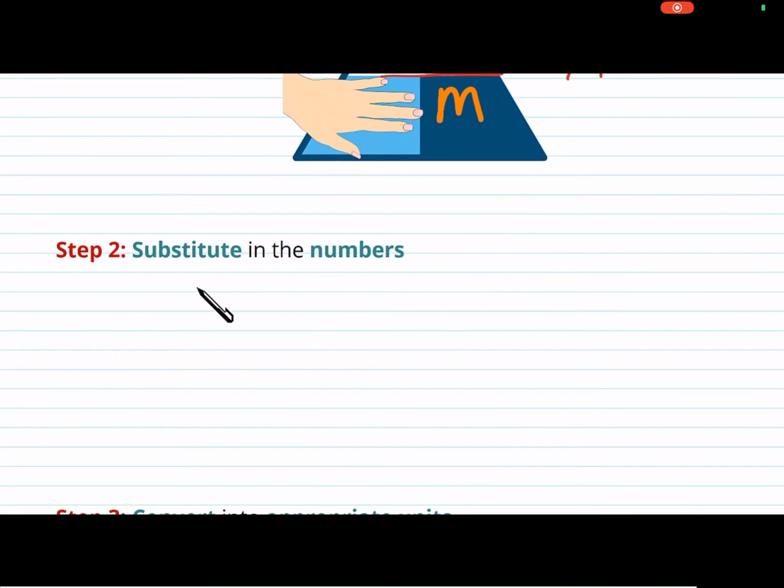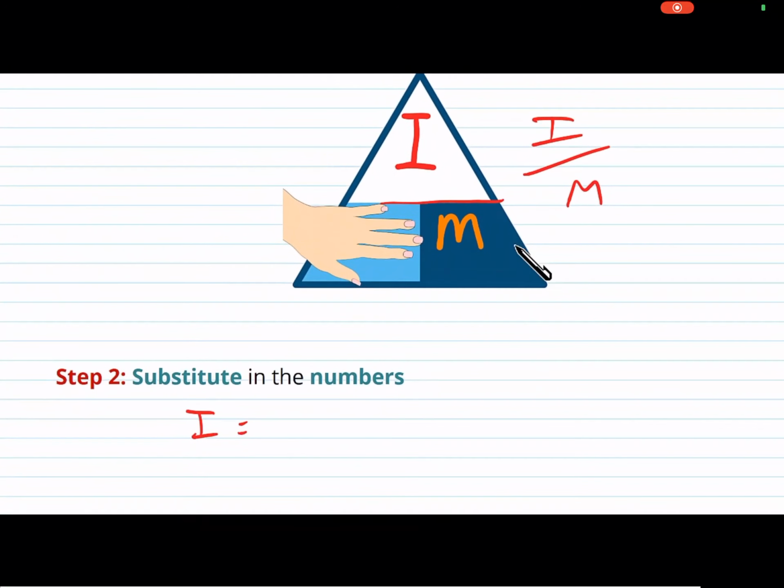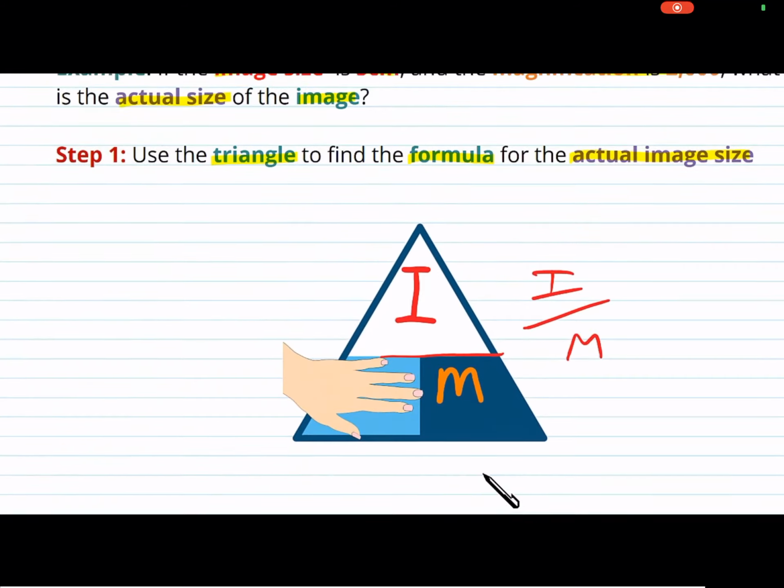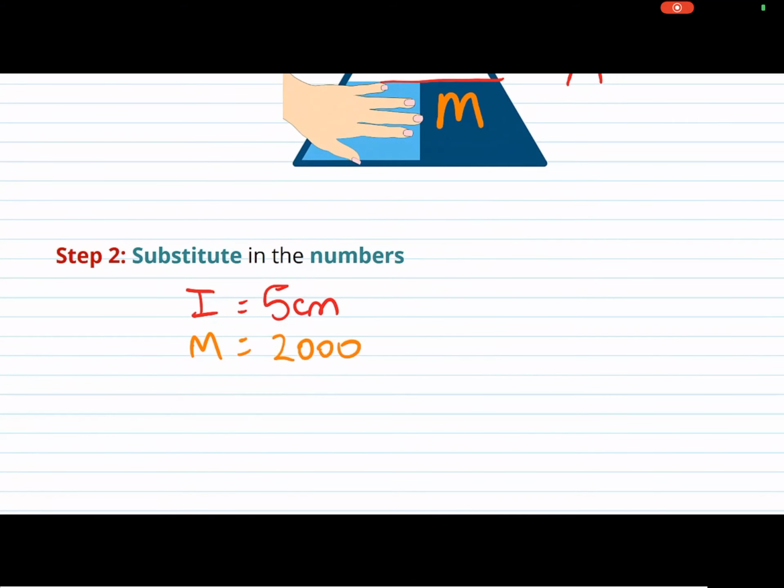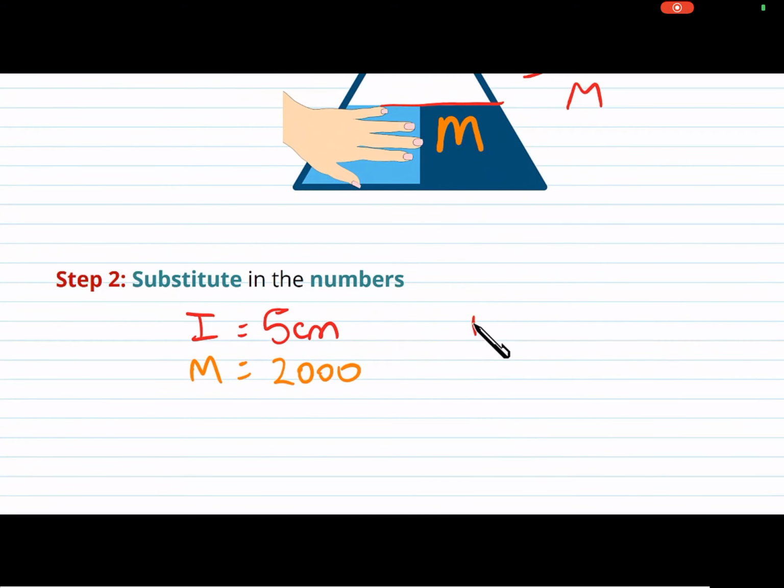So I, we were told, is 5 centimeters. Magnification was given as 2000. So then you simply do 5 divided by 2000, and that gives you the answer of the actual image being 0.0025. And remember, we started in centimeters, so this is in centimeters too.